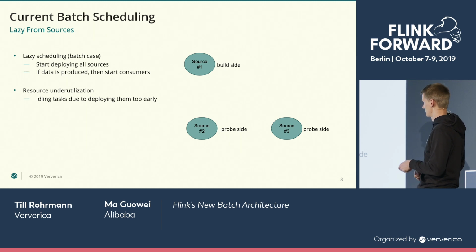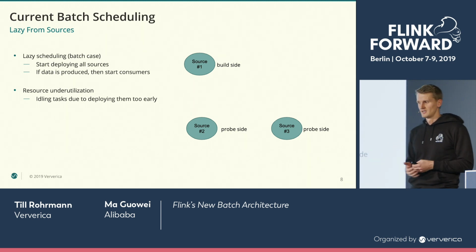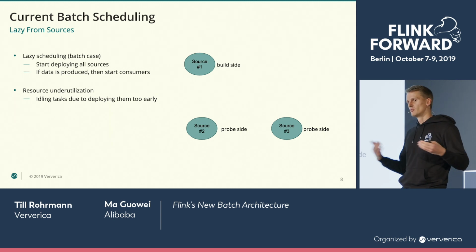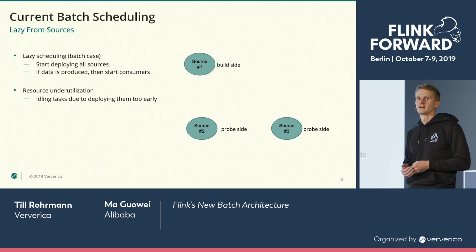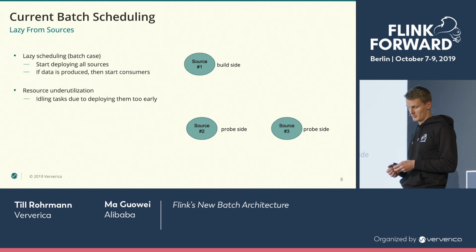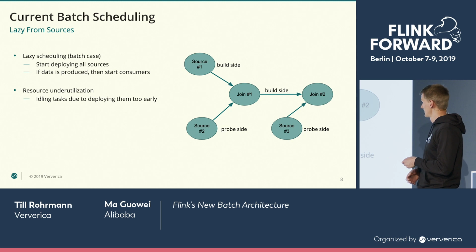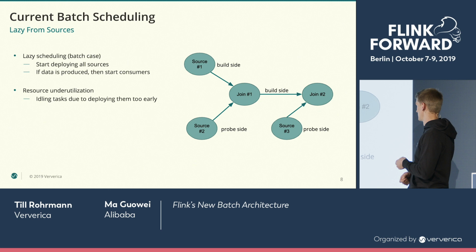So in our case, we have a job graph with 3 sources. The next thing the strategy does is whenever an operator has produced some data, the consumer will be scheduled so that it can consume the results from the producer. In our case, we have 2 join operators, where the one produces the results for the second one.